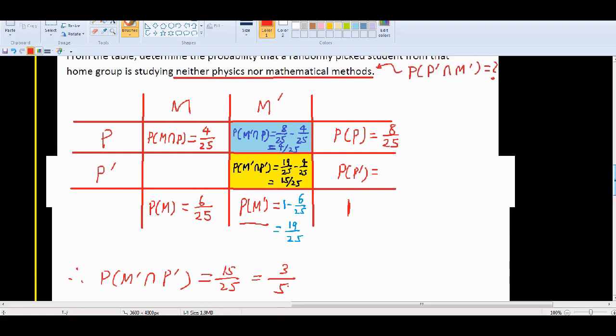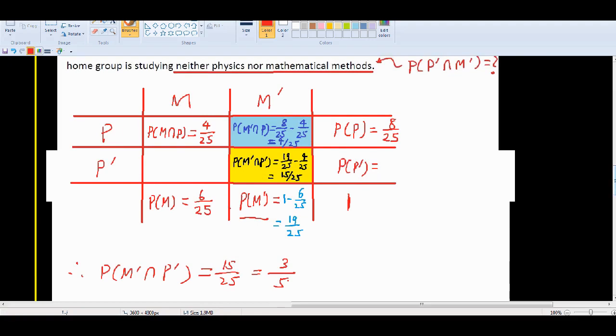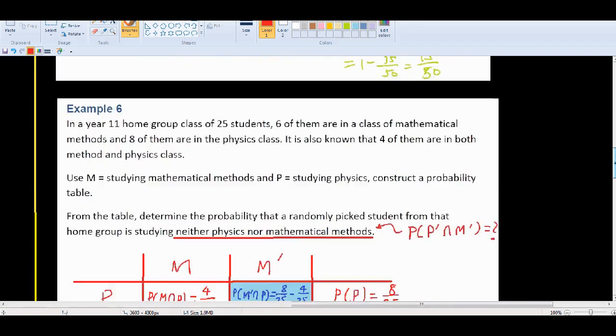All good? Okay, so let's have an overview of what procedure we are going to do. First, you draw the table and you label the events and their complementary events. There are two such events, one on the rows, the other on the columns. Then you put in all the information the question gives you.